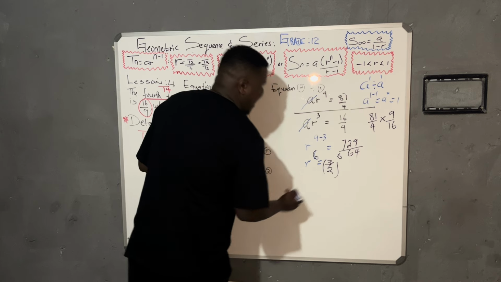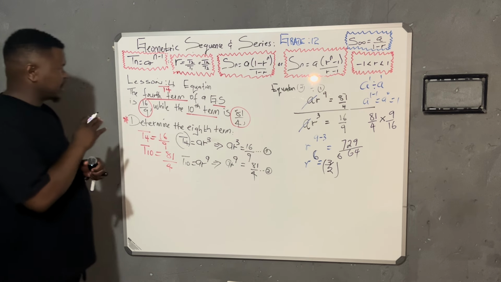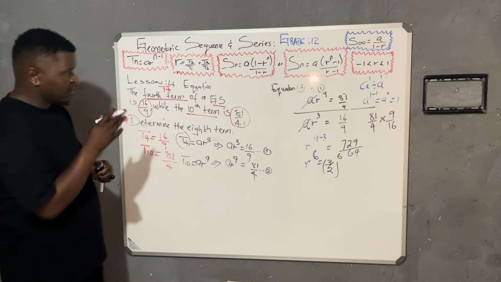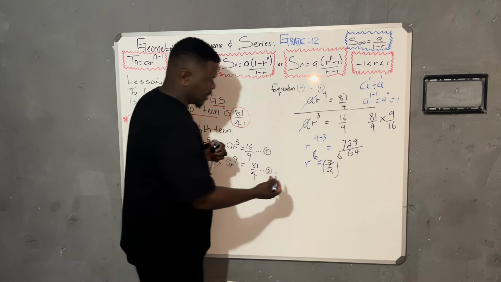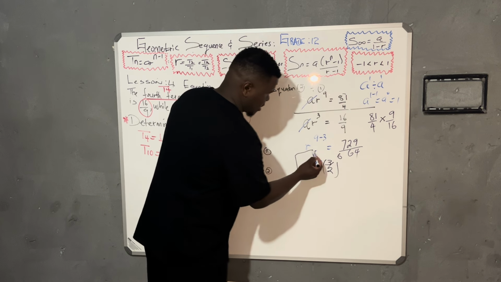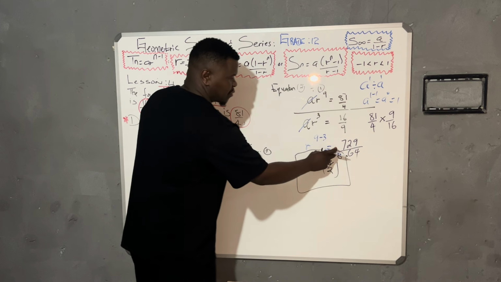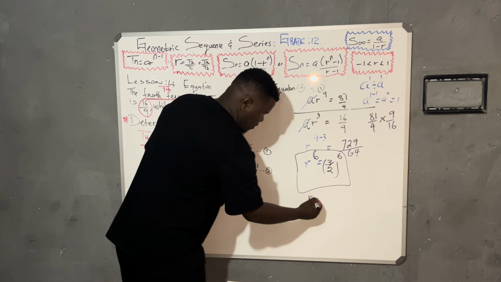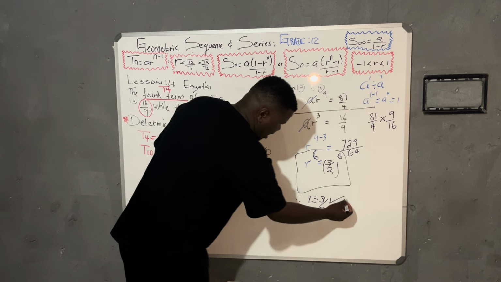Now that I've got a 6, I knew that eventually, because there was a problem that we did before this one, I don't remember which lesson that was, maybe lesson number 4 or 3. Now, if you check, our exponents are the same. Therefore, we can get this as our answer.